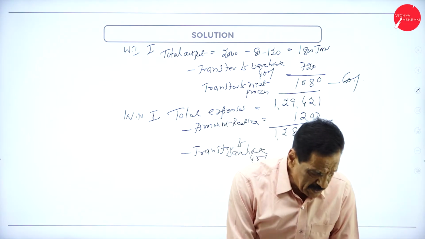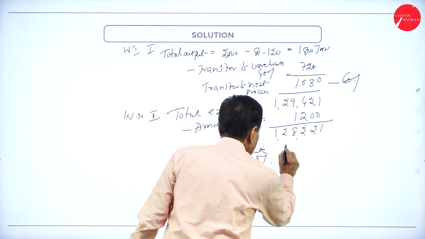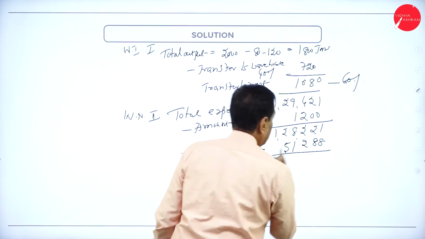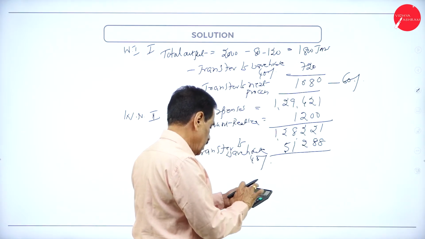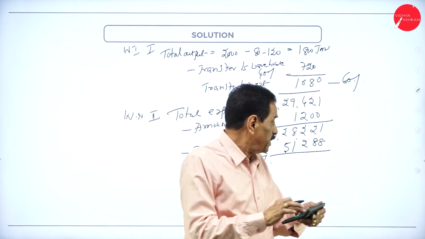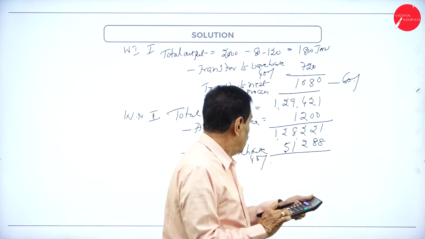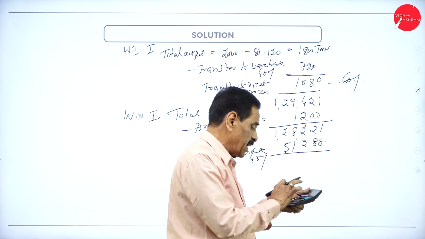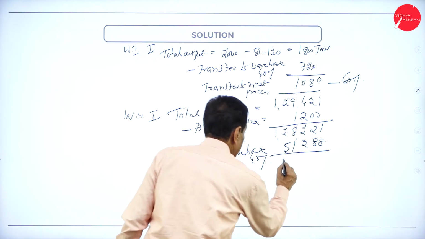Here 40% goes to B. Deduct: 1,28,221 minus 51,288 is 76,933.